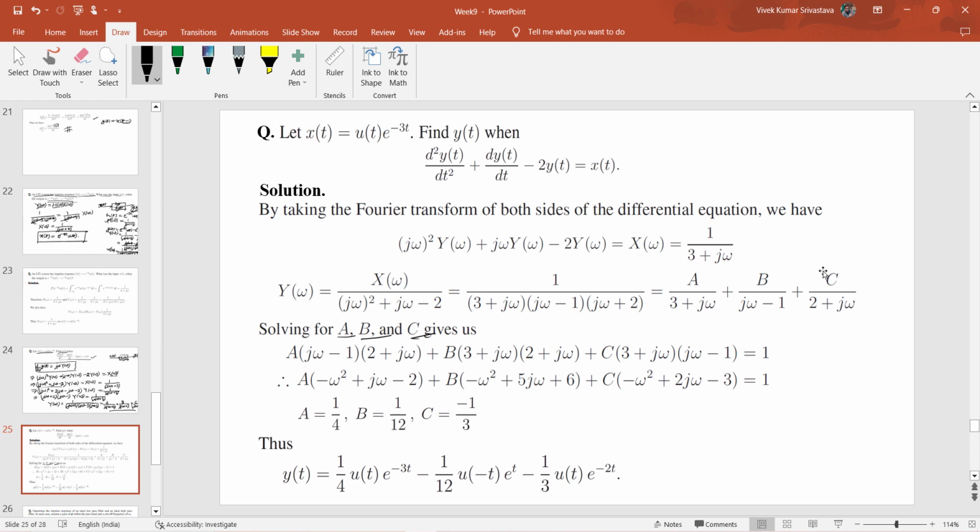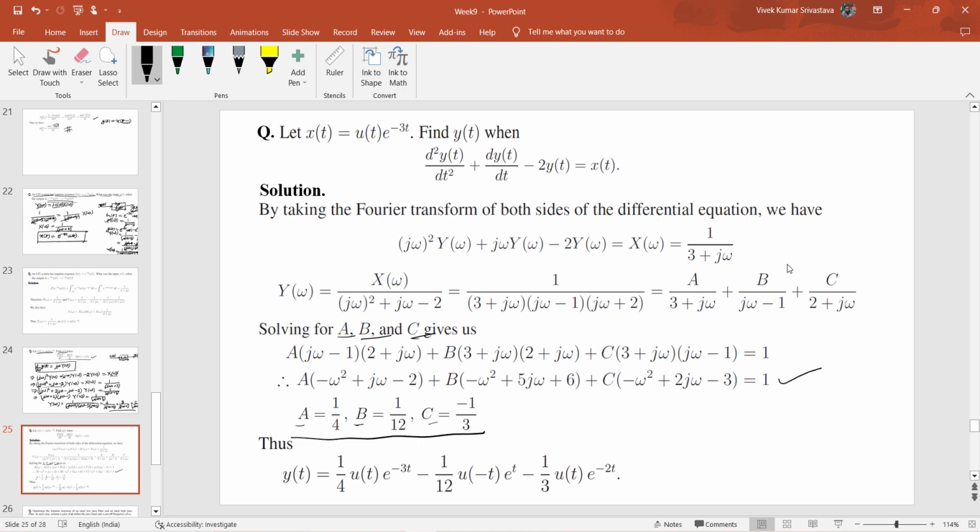Using the same concept, I determine the value of A, B, C. Once you solve this expression, you will get the values of A, B, C as this.